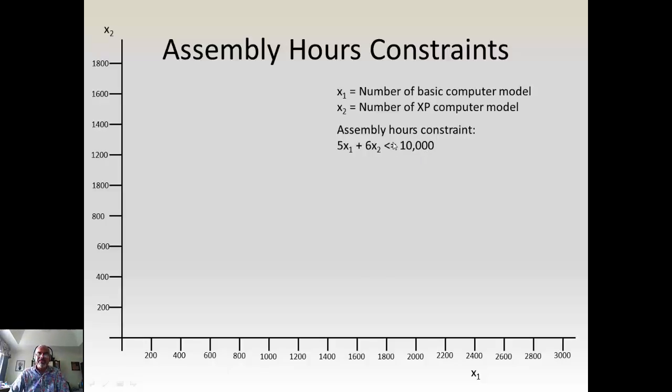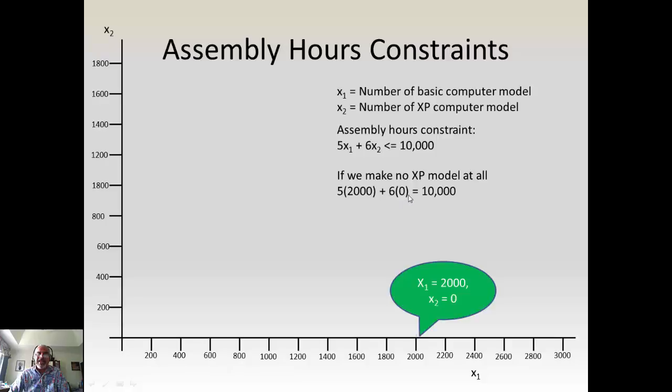Now if we set this equal to 10,000, then we can draw a line along this graph, and to do that we will set one of the two variables to 0 and use the entire 10,000 for the other model. So if we don't make any XP, then we can make 2,000 of x sub 1, the base model, and that will use up all of the 10,000 hours.